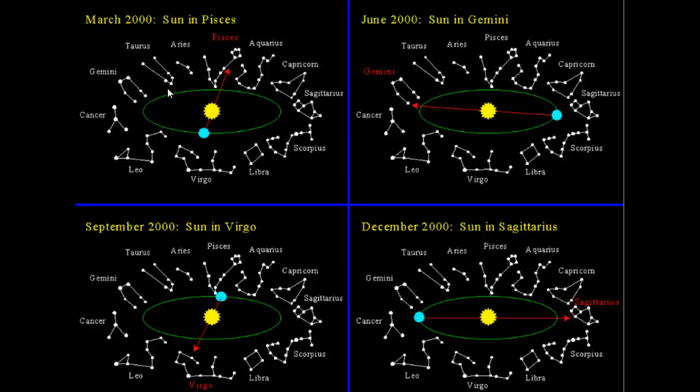Write that down. And I'd also like you to write all 12 zodiac constellations, which you see here. So get that in your notes right now. So on its apparent eastward journey around the ecliptic, the sun appears to pass through the 12 constellations of the zodiac.